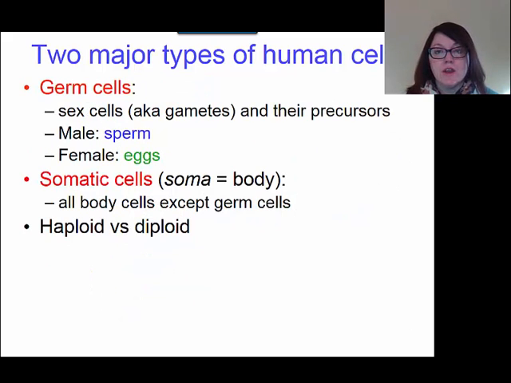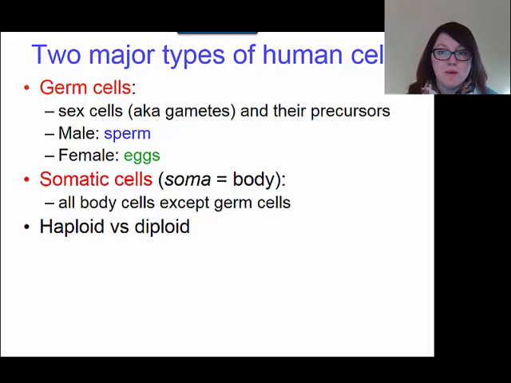Now, when we look at all the cells in the human body, we can roughly separate them into two categories: germ cells and somatic cells. Now, germ cells doesn't mean germs here. Germ as in germinate, as in important for reproduction. So germ cells are the sex cells or gametes, and they include the sperm in the male and eggs in the female.